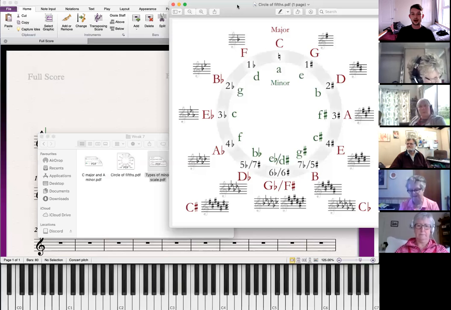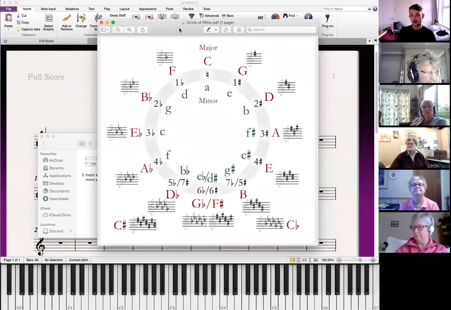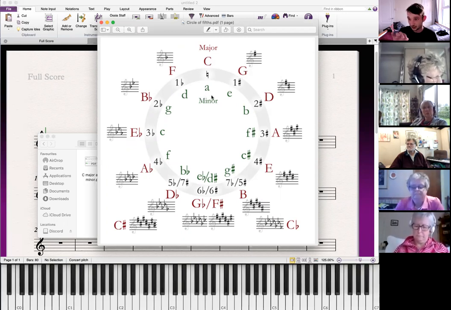Now I'll just go back to the relative majors and minors and keep you thinking about what this means. Relative keys, or relative majors and minors, refers to the minor scale that correlates directly with whatever major scale.